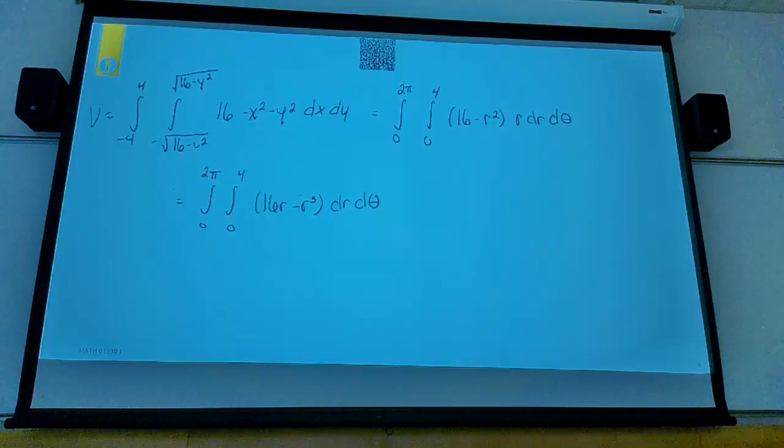Look at the integrand. Do you see a theta anywhere? Look on the bounds for r. Is r dependent on theta? No. Oh, cool. Then the integral of d theta from 0 to 2 pi is just 2 pi.